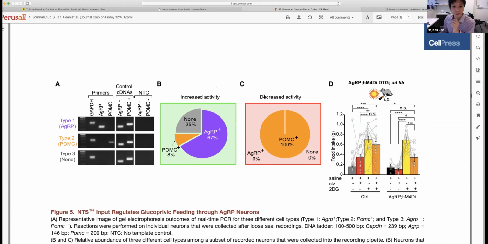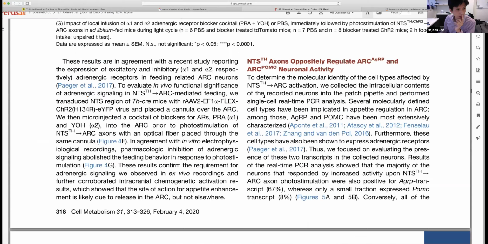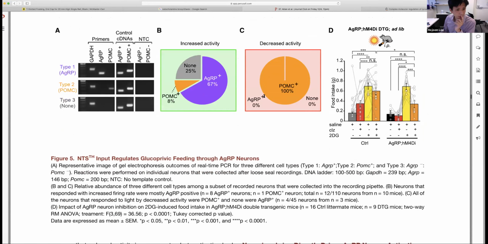So I think the types, let's see. So they look at the activity, right?